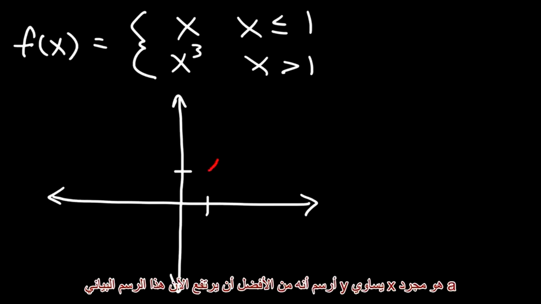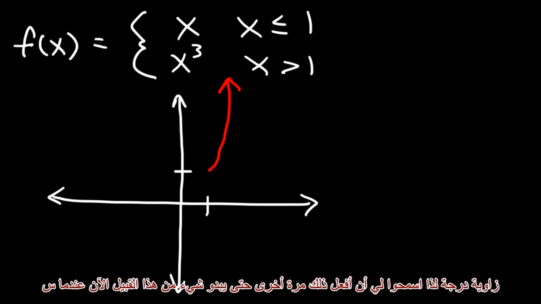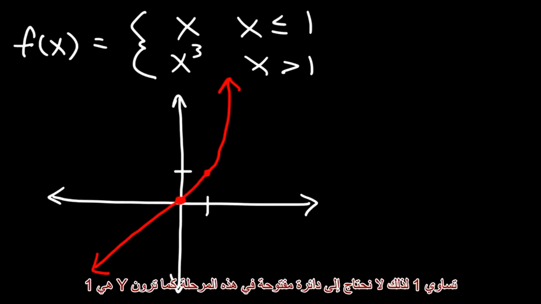Let me draw that better. It's just going to go up. Now, this graph, y equals x, is just a straight line at a 45-degree angle. Well, that really doesn't look like a 45-degree angle, so let me do that again. So it looks something like that. Now, when x is 1, y is 1, so we don't need an open circle at this point.